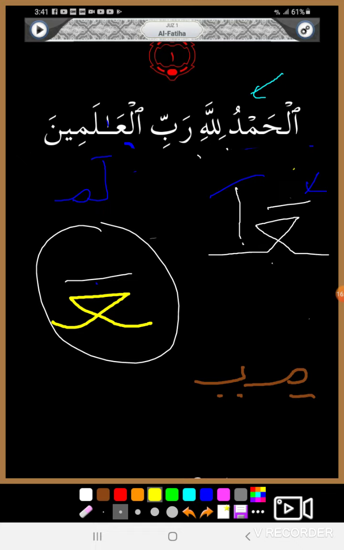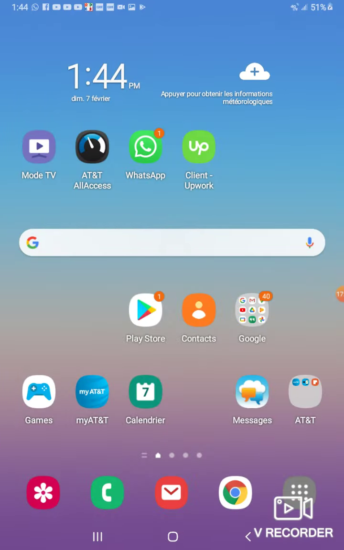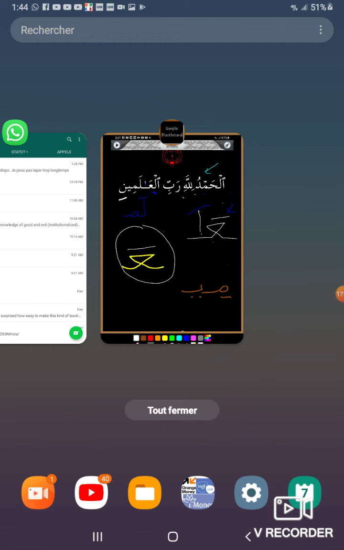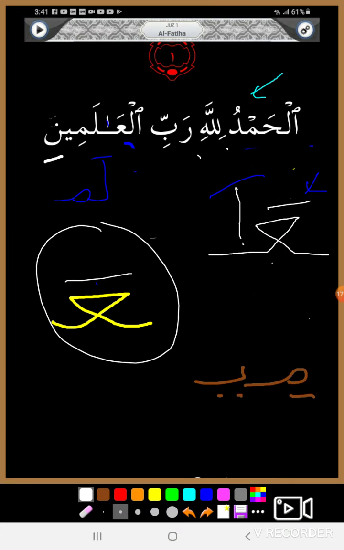Okay, you get that? If the sign was not here, let me do this here. Sorry. If the sign, oops, it would be ni. Yeah, if it was below, it would be ni.